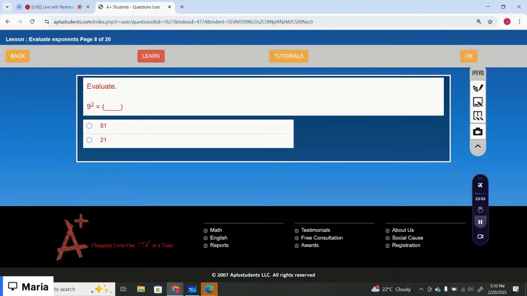9 square equals 9 times 9. That is 81. Option number 1 is the correct option.